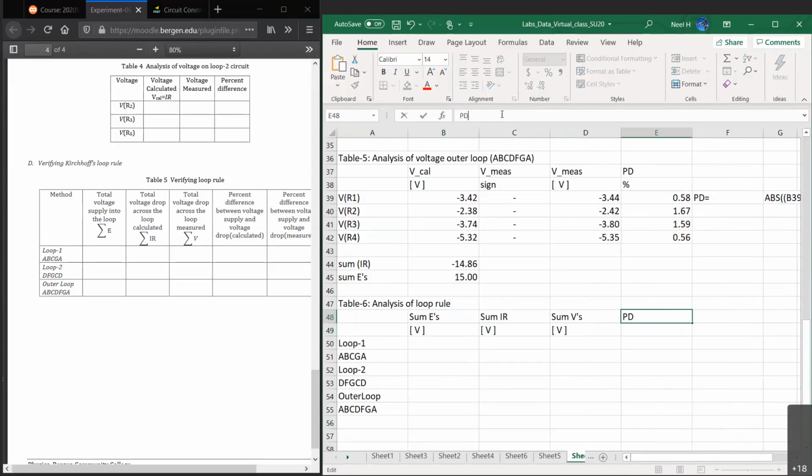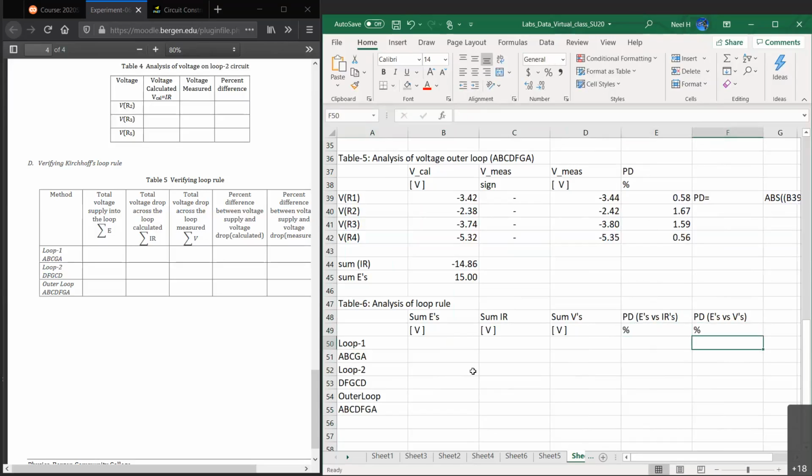Percentage difference, I will write it down in parentheses here. This is between E's, that's the voltage added, versus the voltage calculated, that is IRs, okay? And then you have to do percentage difference again, one more time. That is the percentage between voltage added versus voltage drop, that is measured voltage. We say that is just the V, okay? Voltage measured, all of these with the percentage sign.